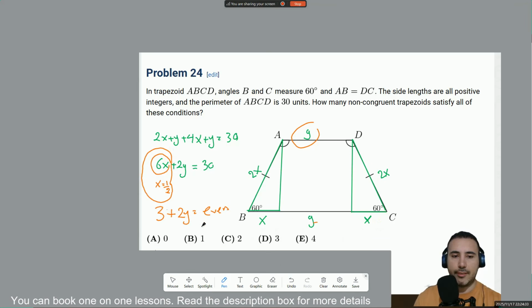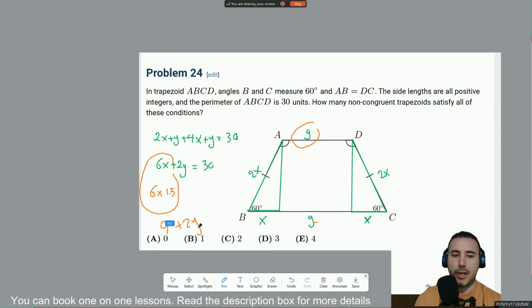So if I take it to the other side, 2y is going to be even minus odd. Even minus odd is odd. So 2y cannot be 27 or odd. That's never going to work. So none of the 0.5 numbers are going to work. So for example, it doesn't matter if I put here x is 1.5. 6 times 1.5 is equal to 9.